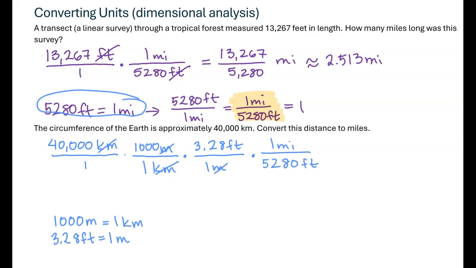Okay, so let's make sure we canceled feet. We are down to miles, and our calculation, again, you don't have to write this out every time, but just to group up what we have, the 40,000. We have to multiply by another 1,000 and a 3.28, and then we need to divide that by 1 times 1 times 5,280. Okay, so that's going to be our calculation, and then the units on that will be miles.